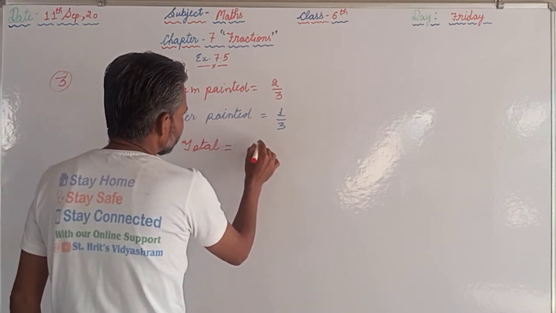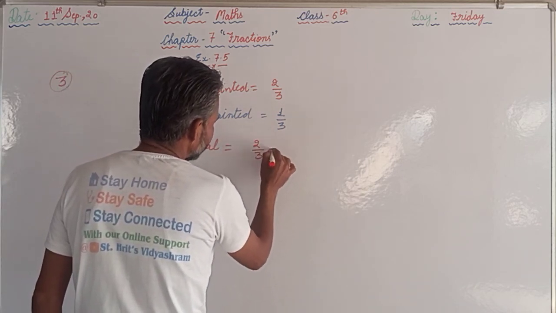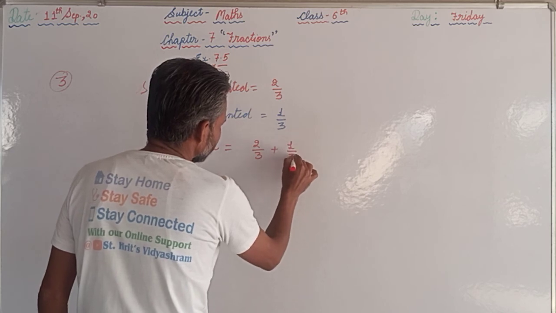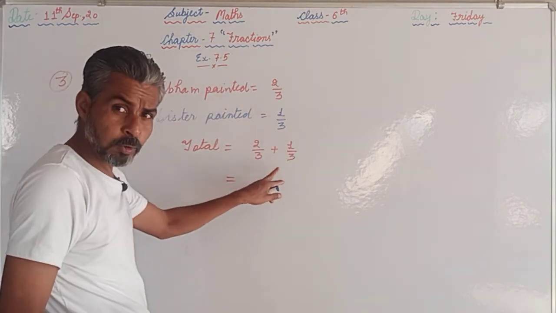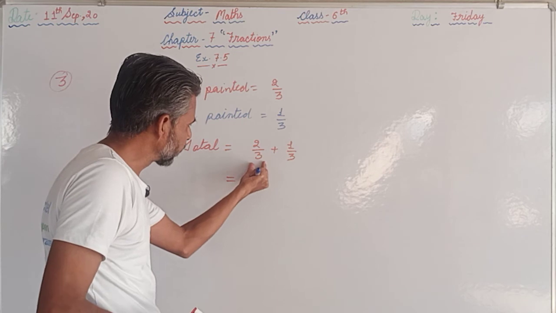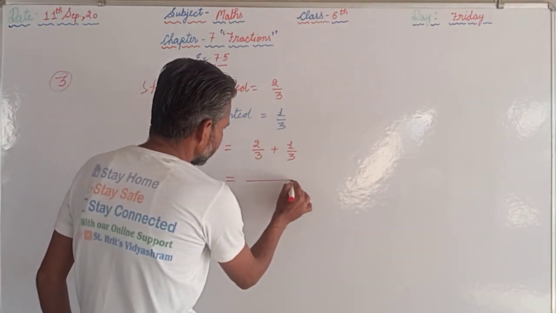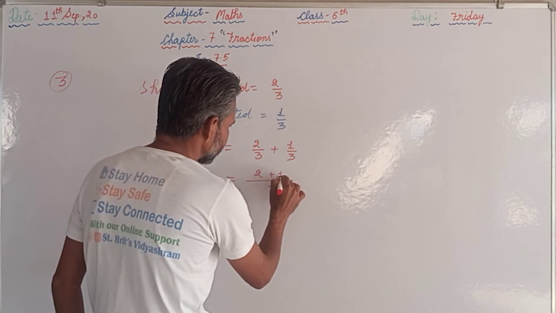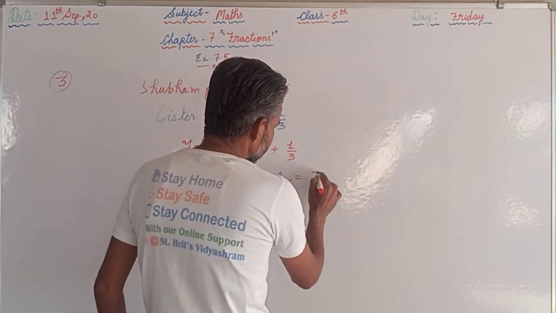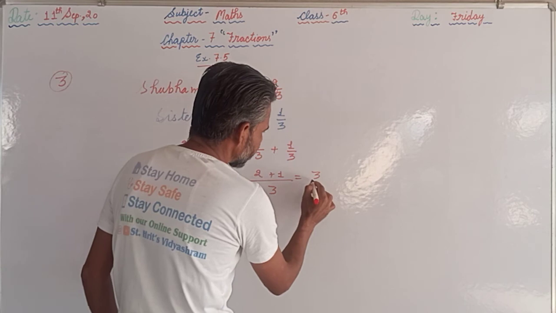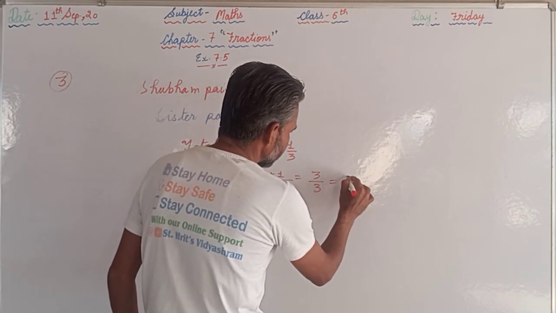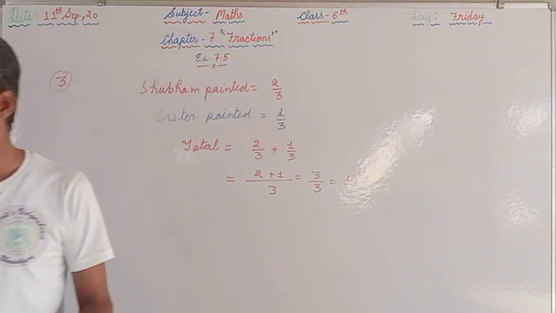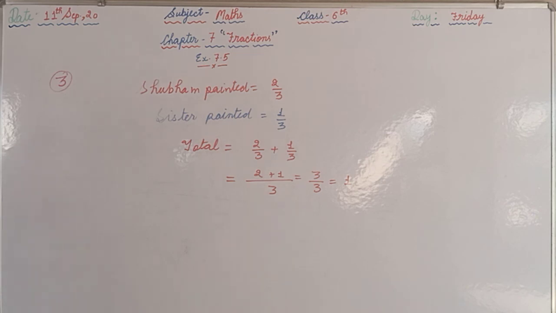For the total we are supposed to add 2 upon 3 plus 1 upon 3. As we can see, both are like fractions. Why like fractions? Because the denominator is same here, so the denominator will be as it is, and we are supposed to add the numerator. 2 plus 1, that is 3, 3 upon 3, that is 1. Means they have painted the whole wall.